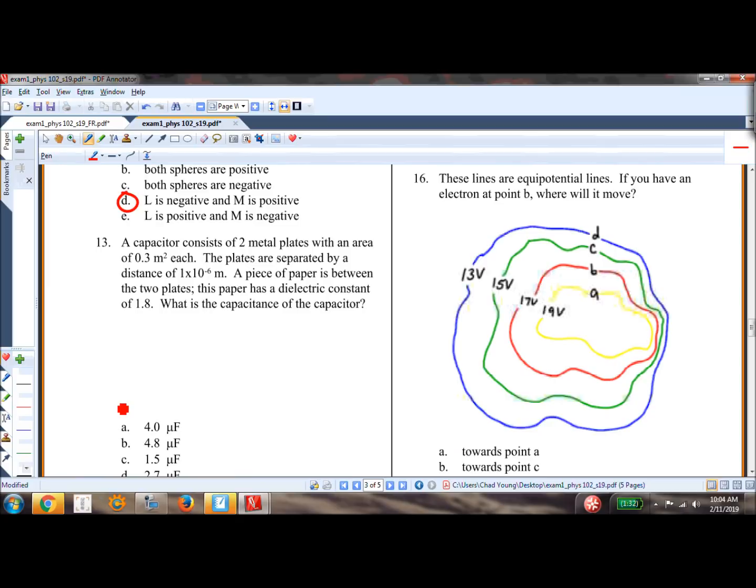Capacitor consists of 2 metal plates. What is the capacitance? So C is kappa, epsilon naught, A over D. That's 1.8, 8.85 times 10 to the minus 12. That's on your equation sheet. A is 0.3 and D is 1 micron.